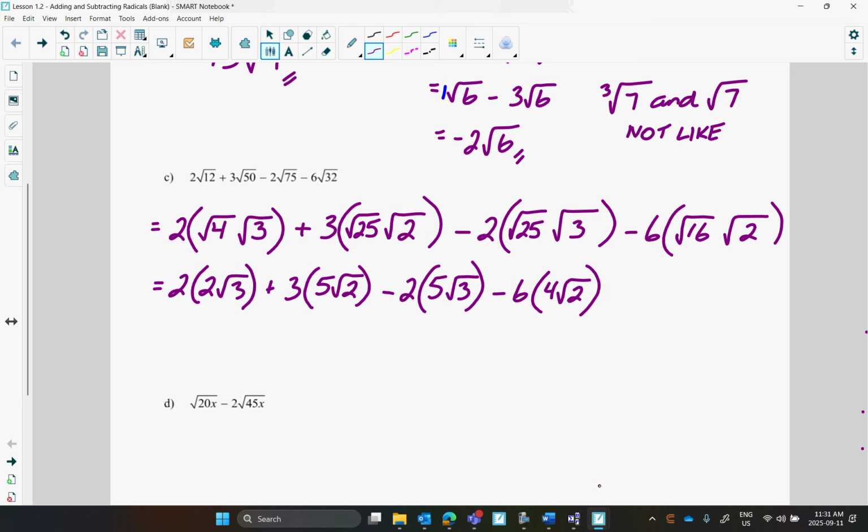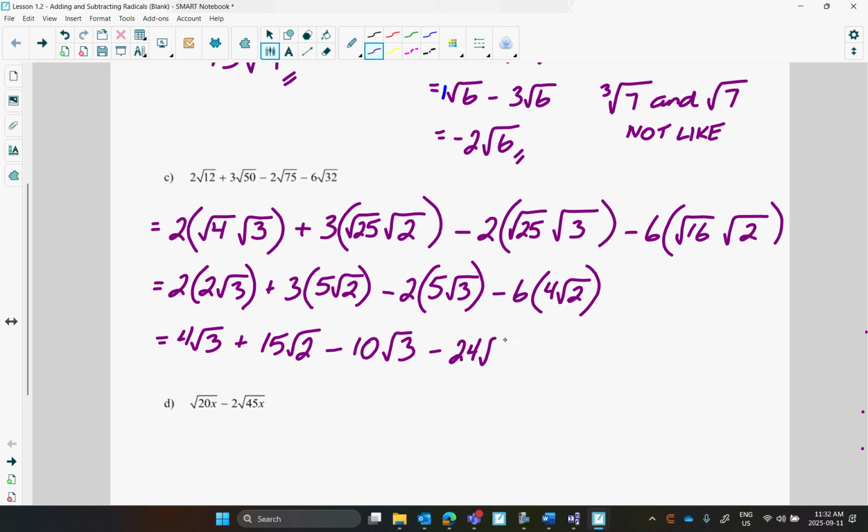Well, can't I multiply these numbers together that aren't under the square root? What's the simpler way to say 2 times 2 root 3? 4 root 3. Plus 15 root 2 minus 10 root 3 minus 24 root 2.